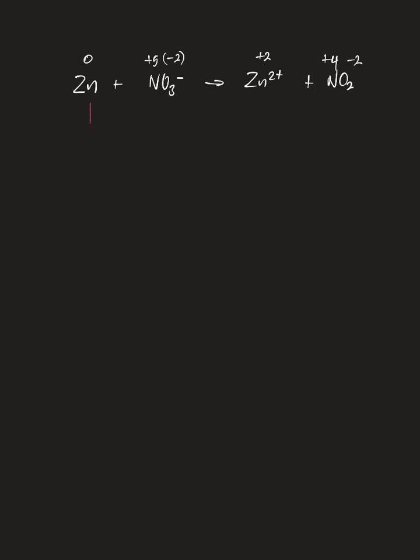If I link up the zinc and the zinc, what I'll notice is that it went from 0 to 2. So in this situation, the oxidation number increased. Therefore, I have oxidation.